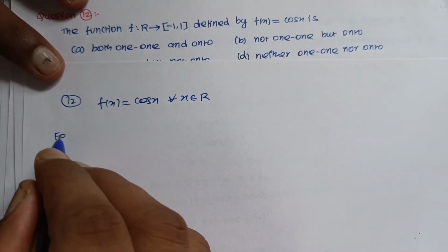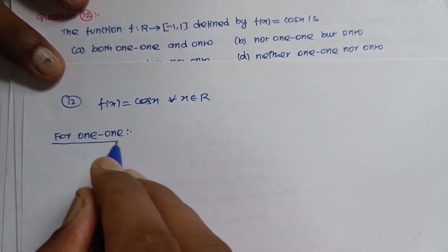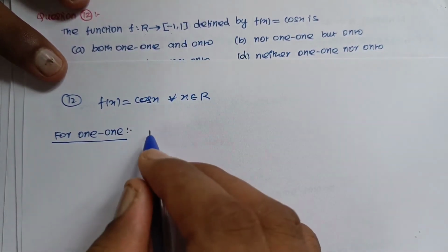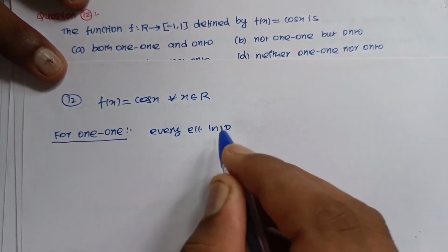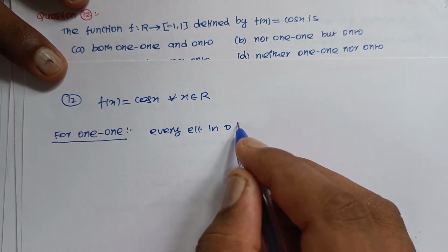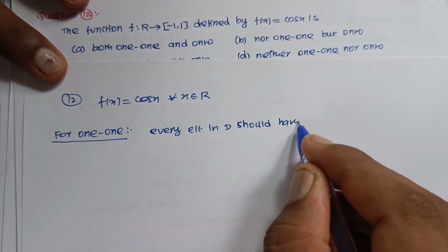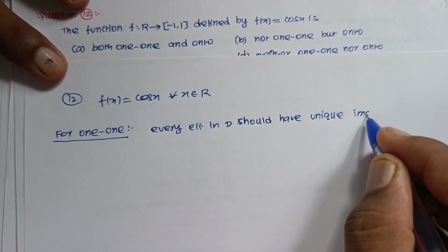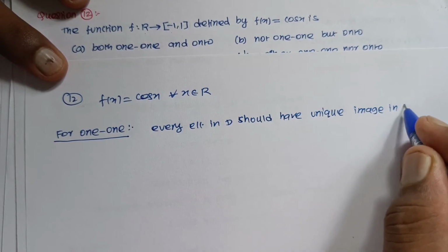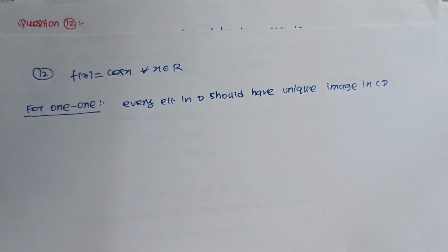So for one-to-one, what is generally one-to-one? Every element in the domain should have a unique image in the codomain. Correct? So unique image. So that's a one-to-one question.